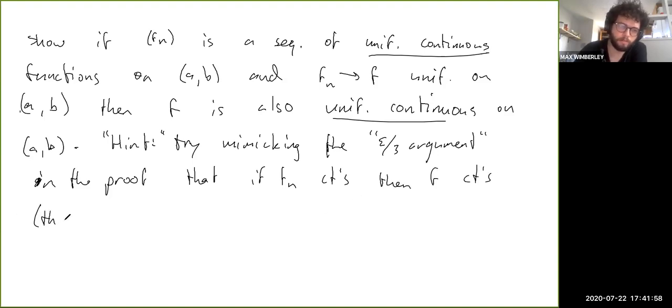So that's theorem 24.3. The theorem about when uniform convergence happens, then the limit is continuous when the functions themselves are continuous. Right. So that's one approach.